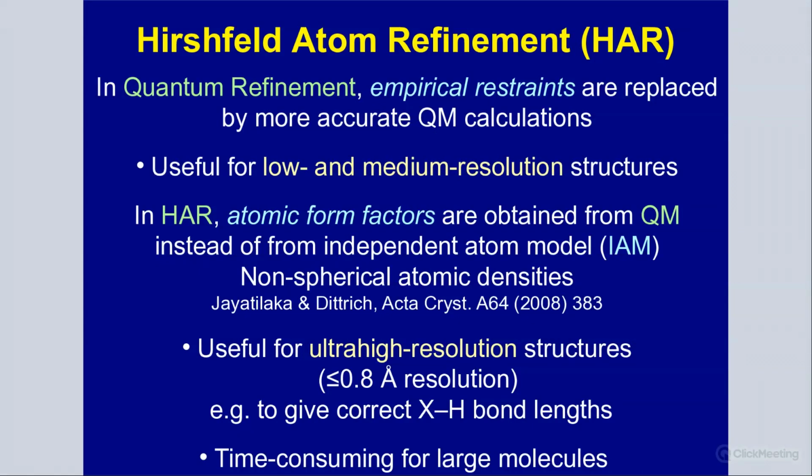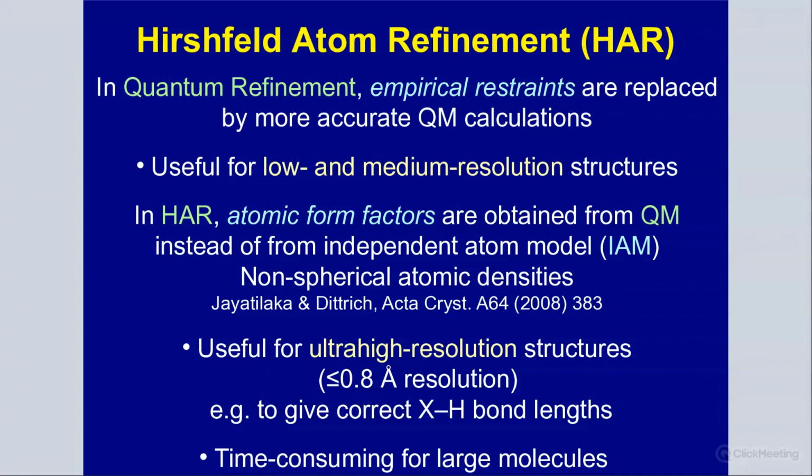What I will discuss now is the HAR method, the Hirschfeld atom refinement, where you recalculate the atomic form factors from quantum mechanics and replace the independent atom model in the calculations instead. And this is useful only for very high resolution crystal structures. So we are in a totally different domain of structures now.